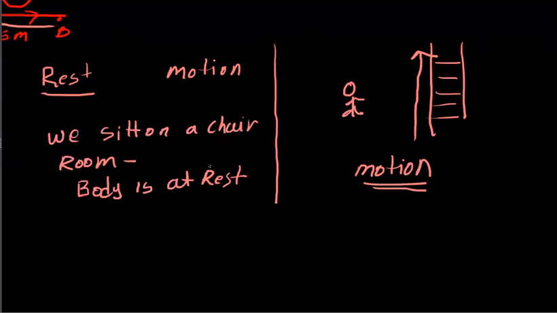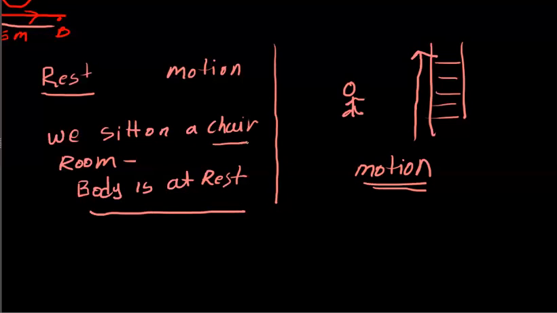Now, technically speaking, even if you look at this chair, remember the earth is rotating on its own axis and it is revolving around the sun. So in a way, we can say that everything on this planet is in motion. But in physics, we do not consider that. We consider the immediate surrounding. What is surrounding the chair?